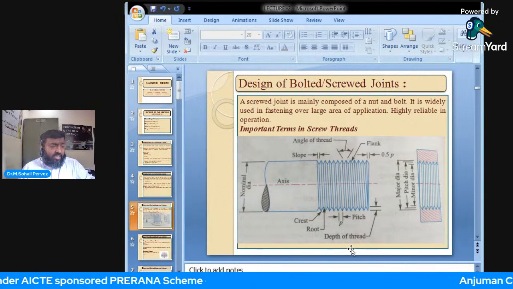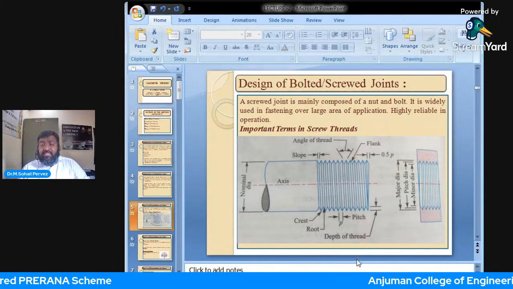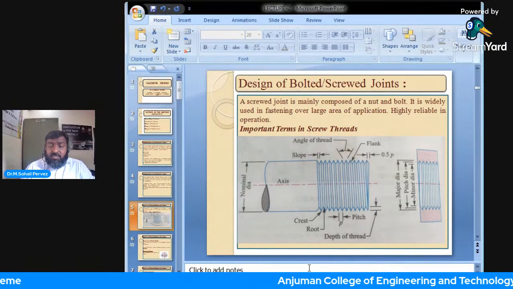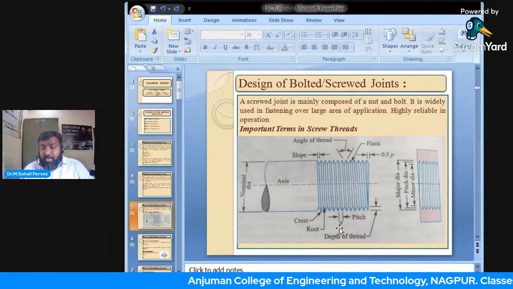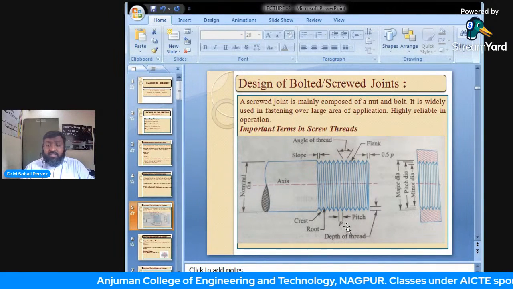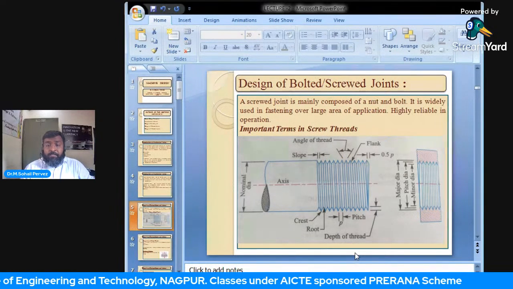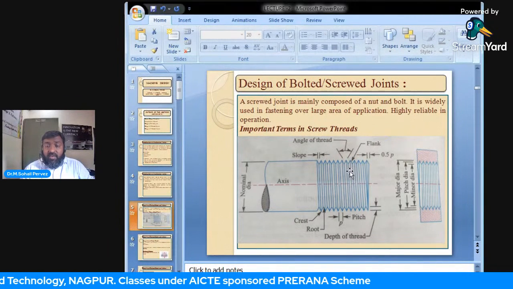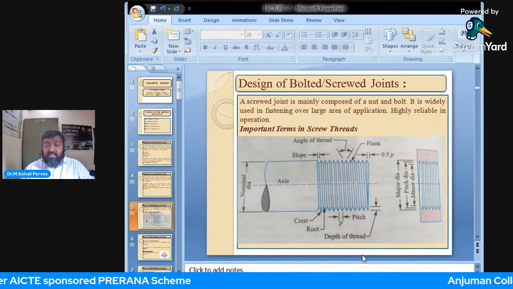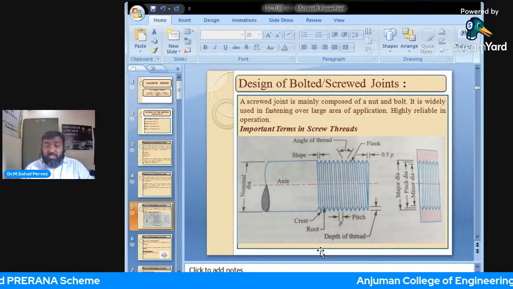Now look at the minor details at this PowerPoint. Pitch: distance between two consecutive crests or troughs, or simply two threads. Angle of thread is defined as the included angle. The upper portion of the thread is known as flank. This is crest, root.